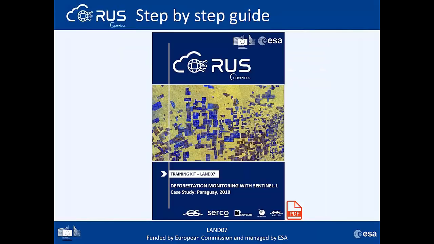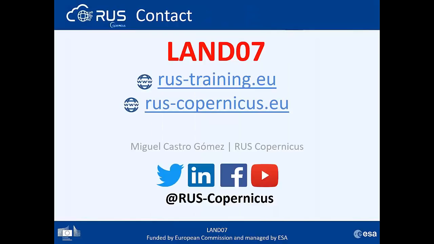This is a PDF that will be in your virtual machine, and that contains all the steps that I have run today, with detailed explanations of how to proceed to get the result. Feel free to repeat this exercise. Feel free to adapt the methodology to your own study area. The methodology I've shown today shows you how to automatize things in Snap.